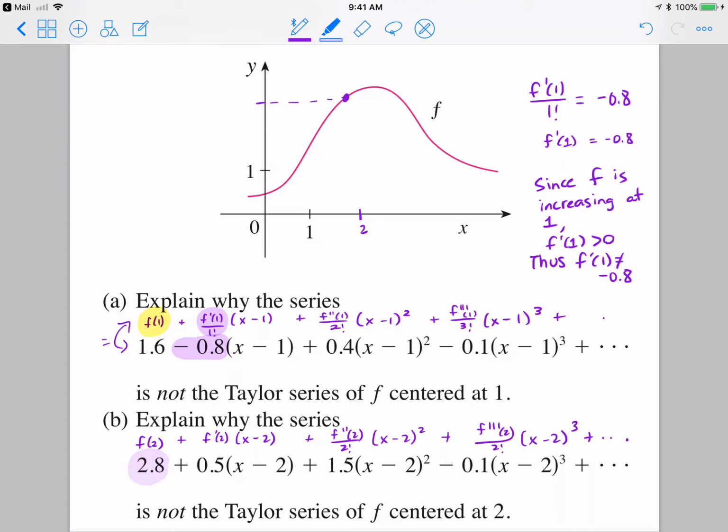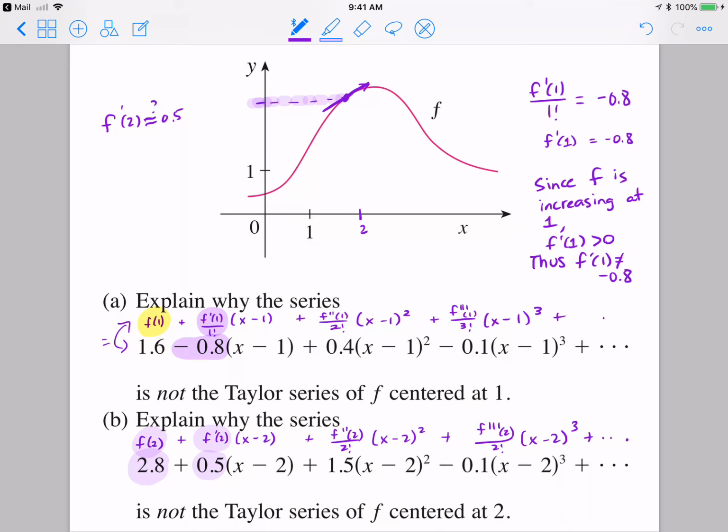2.8, yeah, that could be f of 2, because that looks pretty high. Nothing outrageous there. F prime of 2 is equal to 0.5. That makes sense, right? Could it be about 0.5? That's reasonable because look how this slope is not steep.